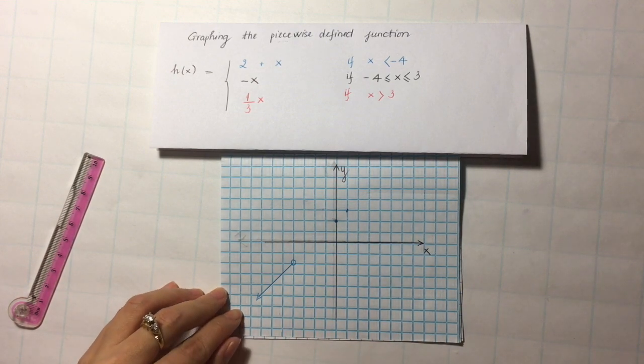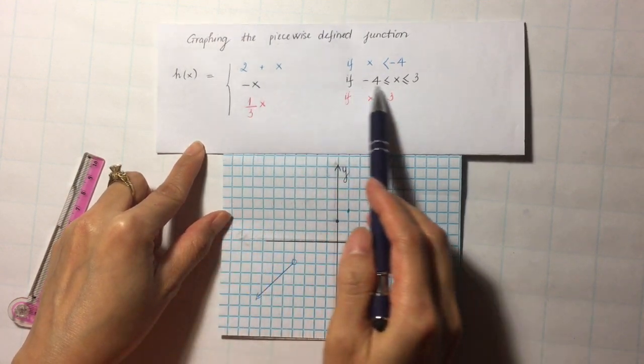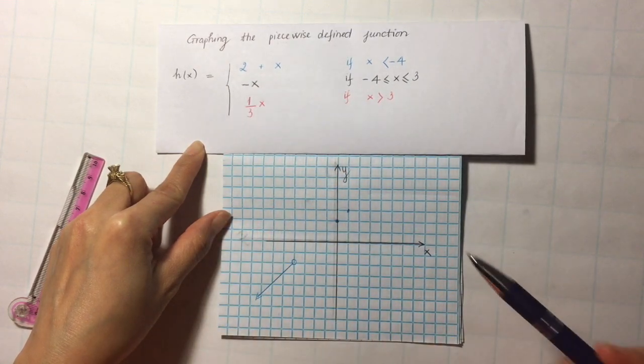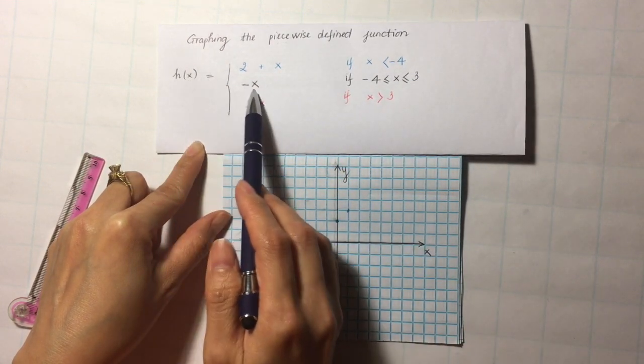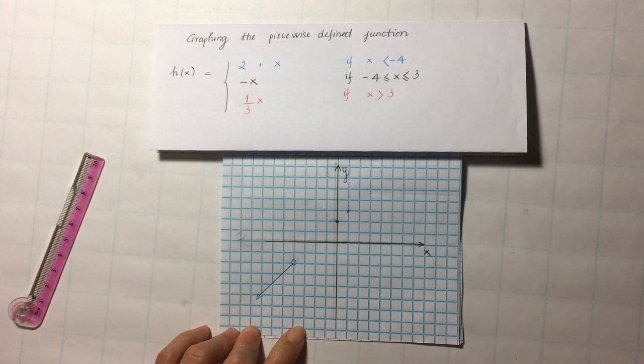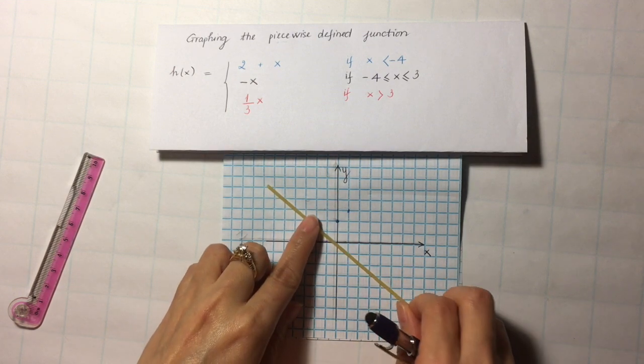Now we are going to graph the second part, which is the black part, h of x equals -x. That is this graph right here.